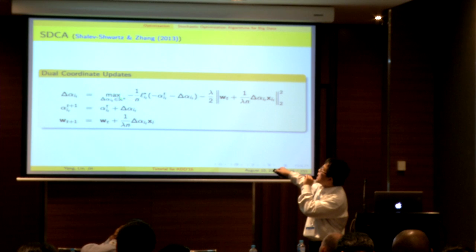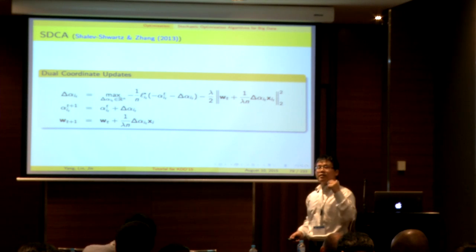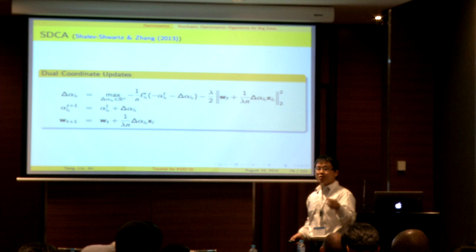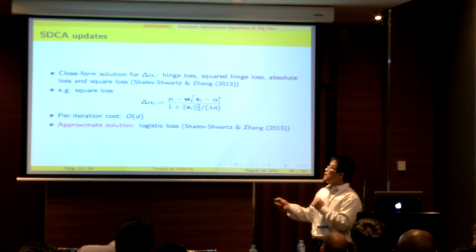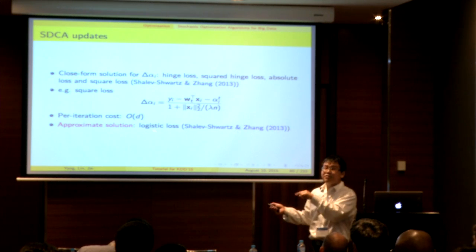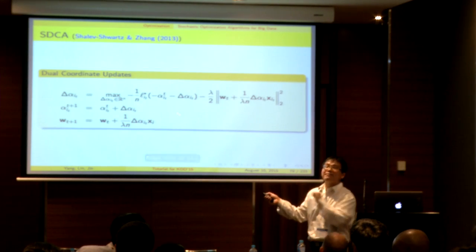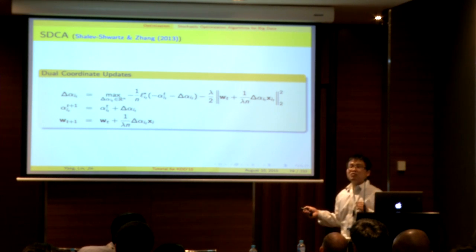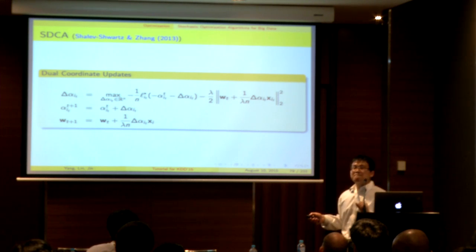It's not Rn, it's R1. But you still need a closed form. For square loss, square hinge loss and hinge loss, you do have a closed form. But for logistic regression, you don't. So this paper suggests an approximation for the solution to this maximization problem. It's not exactly the optimal solution, but it's a nice approximation.